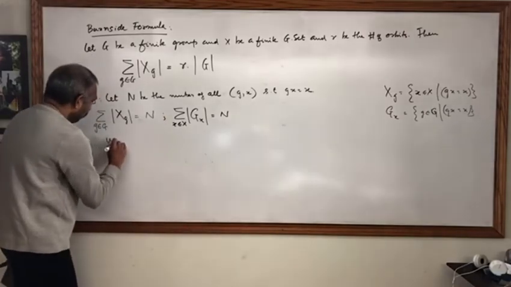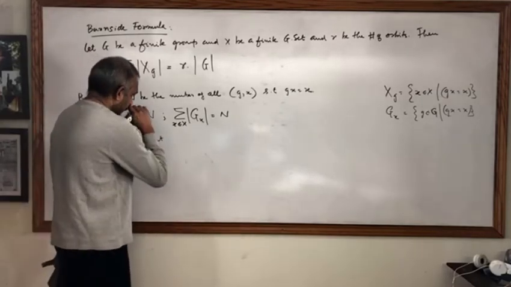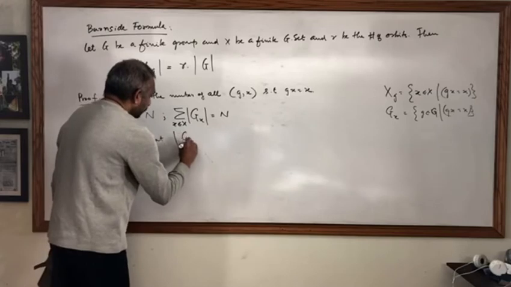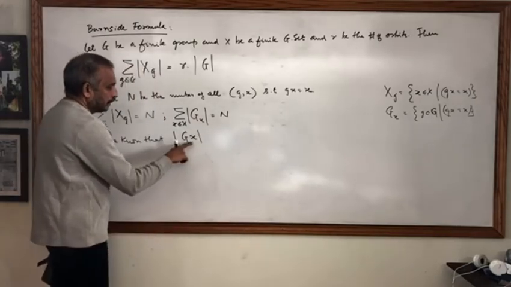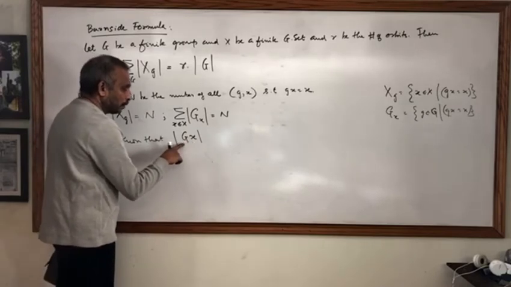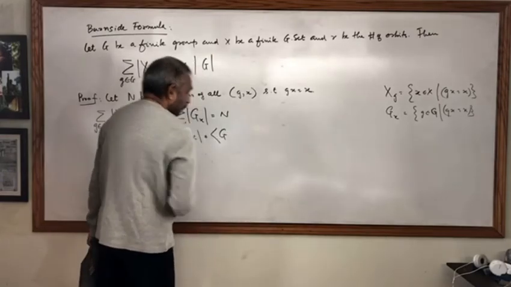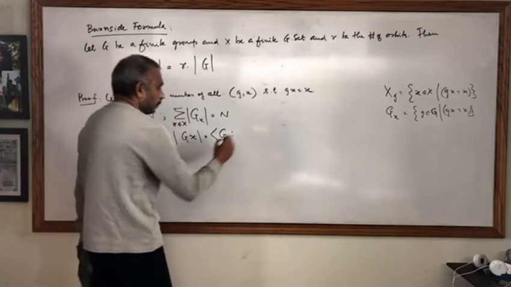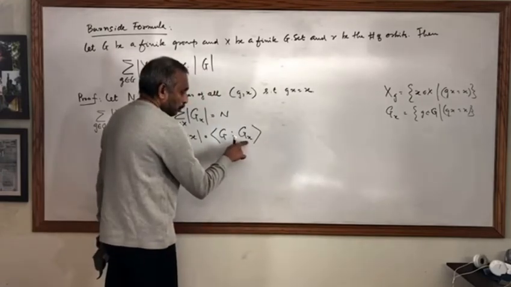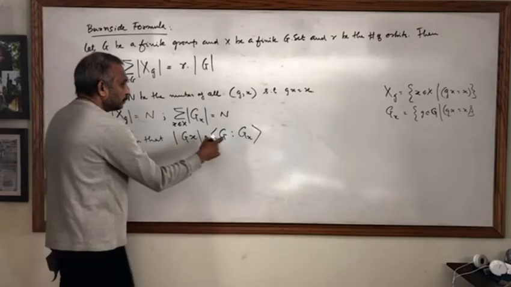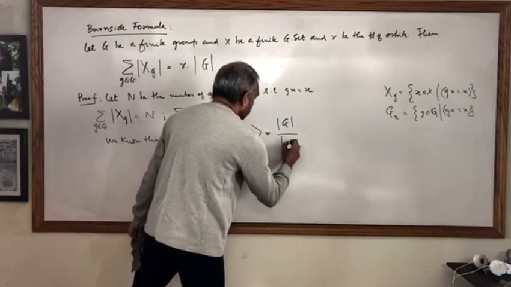We know that the cardinality of Gx, this is the number of elements in the orbit containing x, is equal to the index of G over G_x. This is the isotropy subgroup. And when G is finite, this will become the order of G divided by the order of the subgroup.